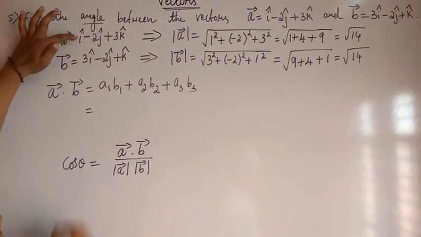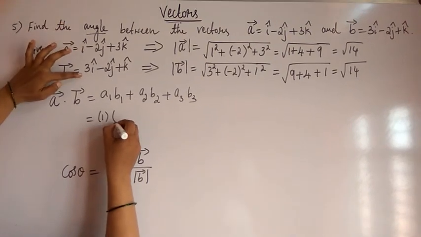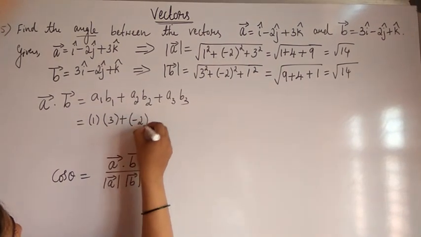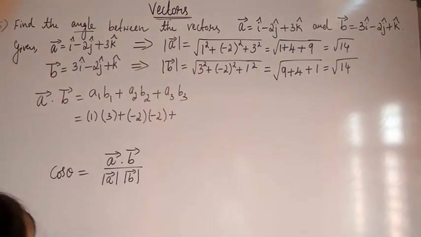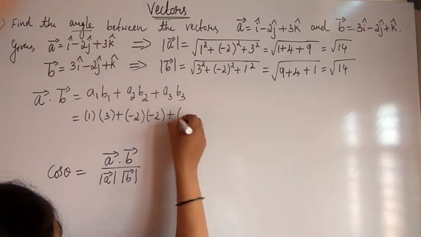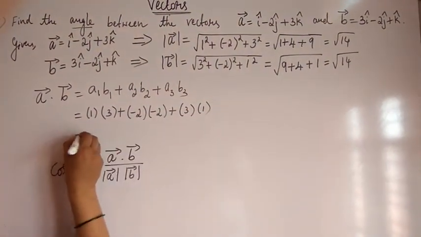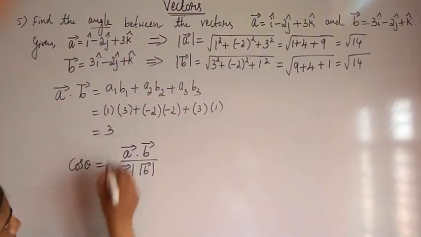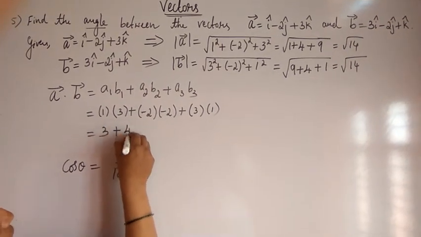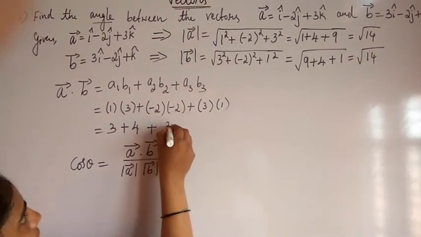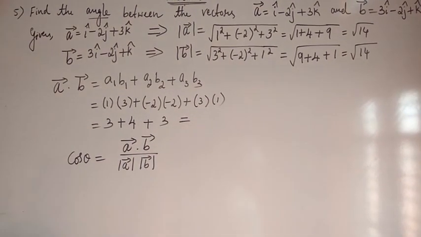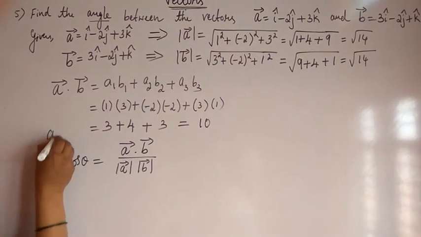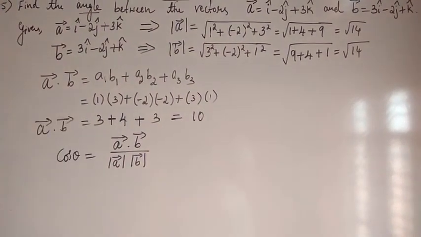Here A1 is 1 into B1 is 3, plus A2 into B2, that is minus 2 into minus 2, plus A3 into B3, 3 into 1. So we get 3 into 1 is 3, minus into minus becomes plus, so plus 2 2s are 4, plus 3 into 1 is 3. If we add these, we get 3 plus 4 is 7, 7 plus 3 is 10. Therefore vector A dot vector B value is 10.